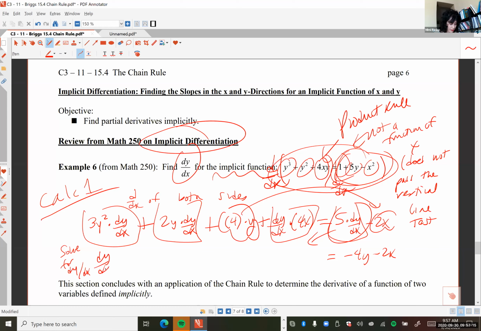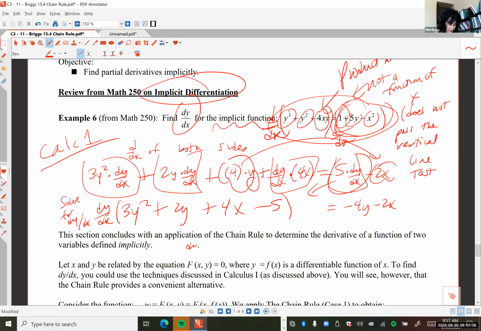I'm doing a lot of steps all at once. And then when I factor out the common factor, which is dy/dx, and solve for dy/dx by dividing both sides by that big quantity, my slope at any point on my curve is this formula right here.